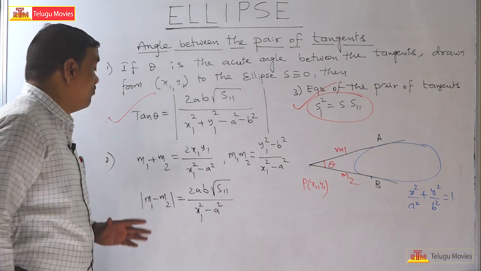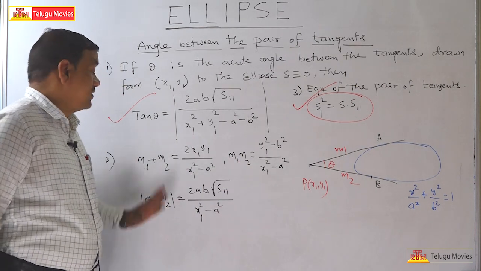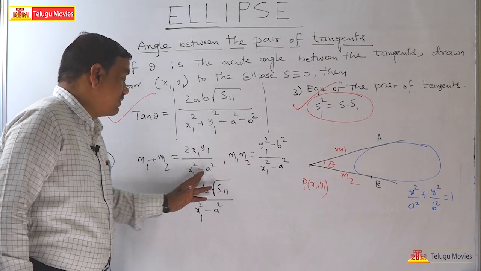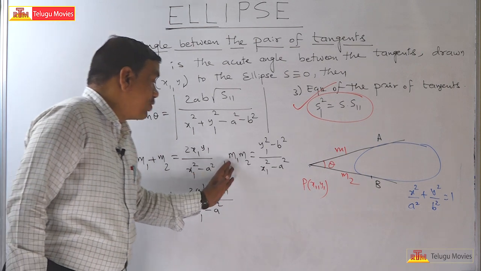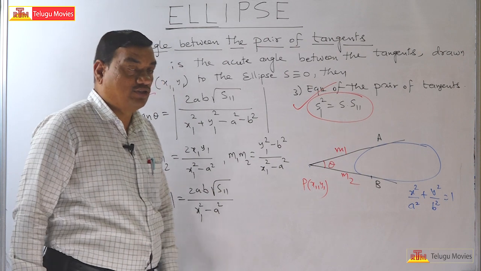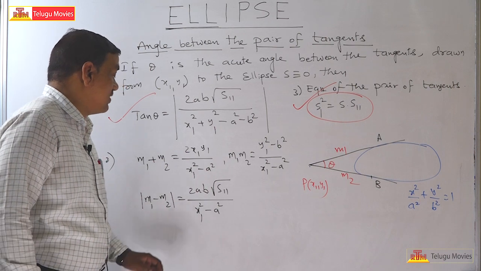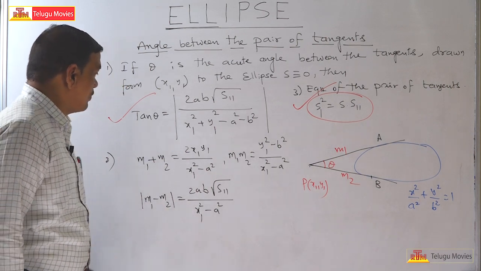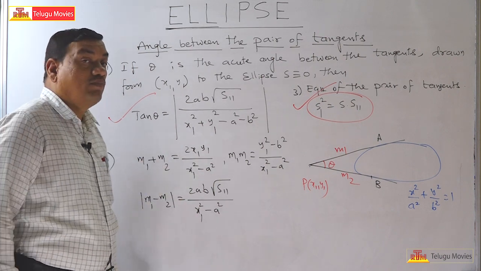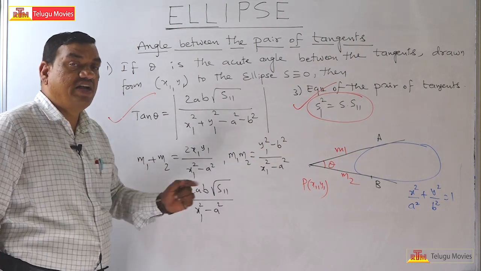Then the relation between m1 and m2: the sum of the slopes is given by 2 times x1 y1 upon x1 square minus a square, and the product of the slopes is given by y1 square minus b square by x1 square minus a square, and the difference of the slopes is given by 2ab times root of S11 by x1 square minus a square. So, this is a relation between the slopes and the coordinates of the points and the lengths of the major and minor axes.